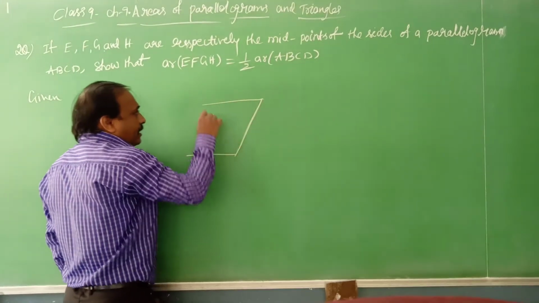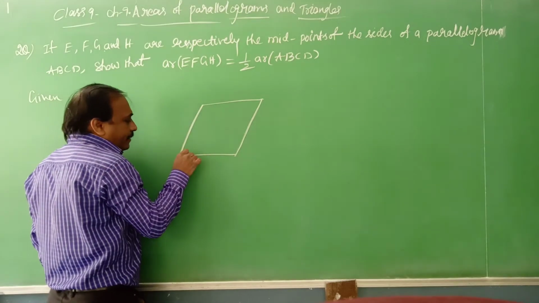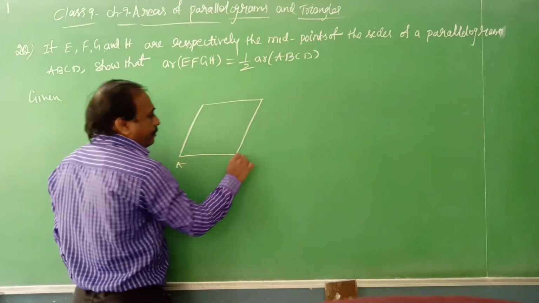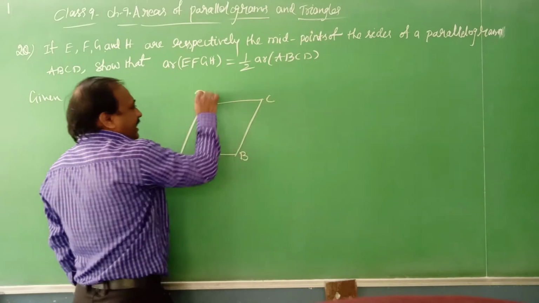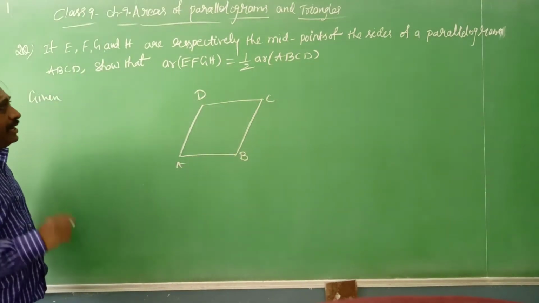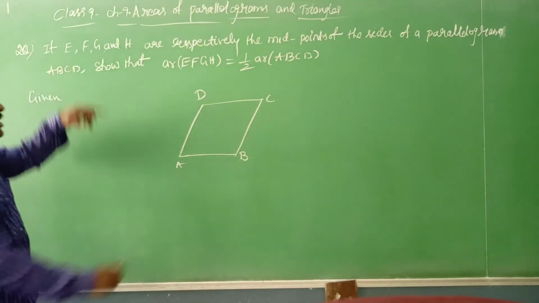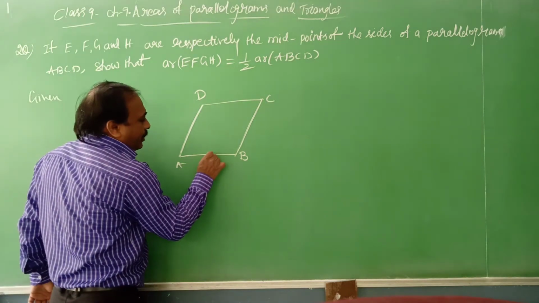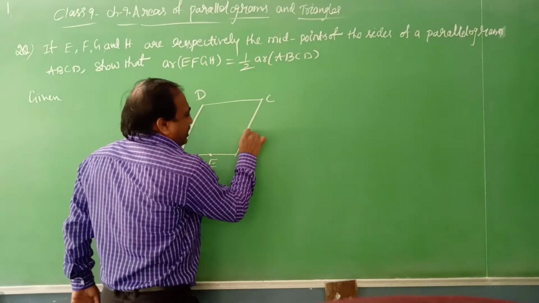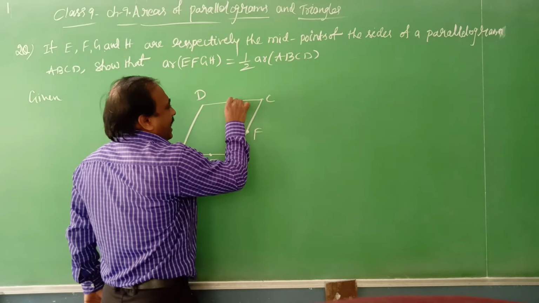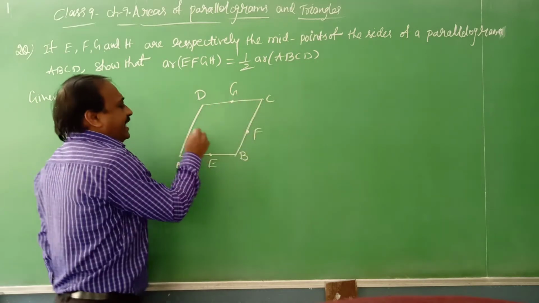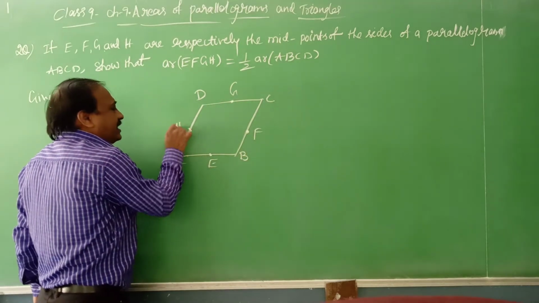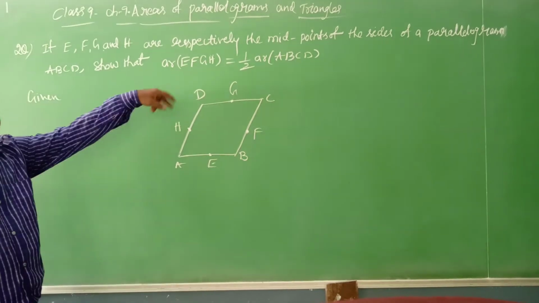So this is parallelogram ABCD. ABCD is a parallelogram in which E is the midpoint of AB, F is the midpoint of BC, G is the midpoint of CD and H is the midpoint of DA.